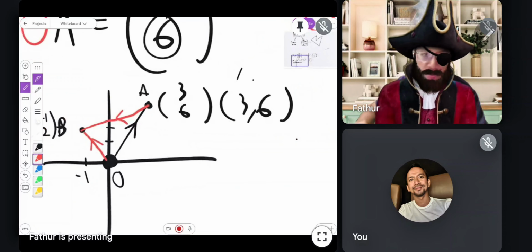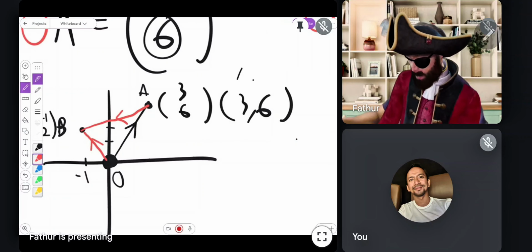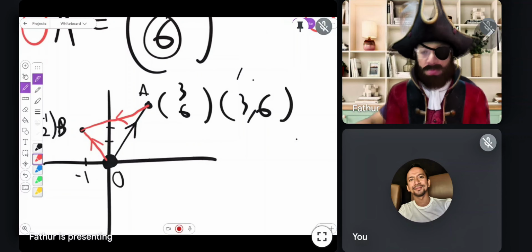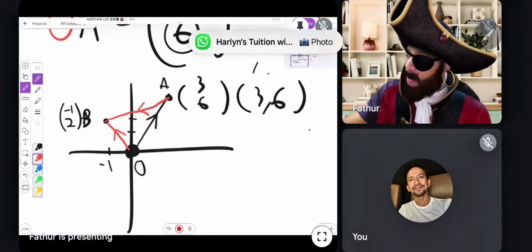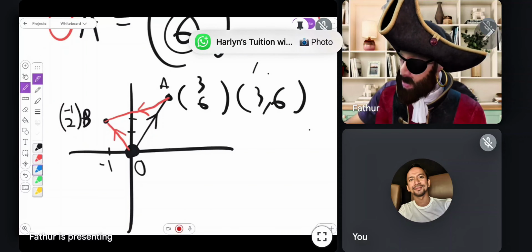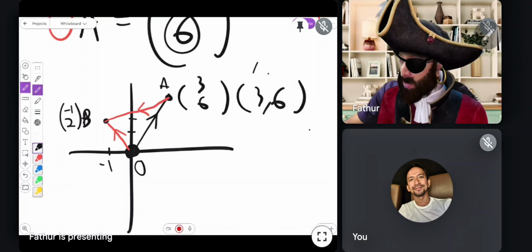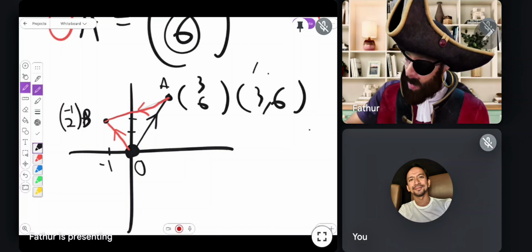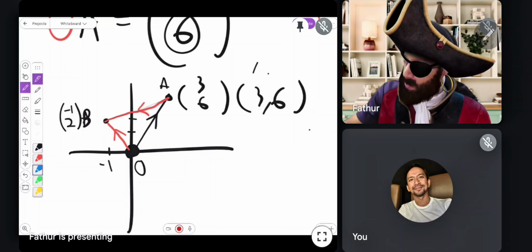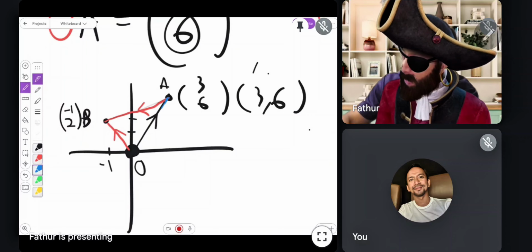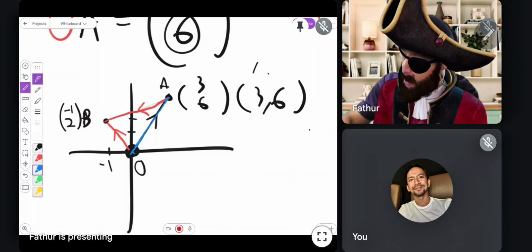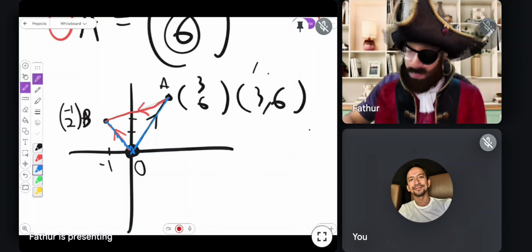To get from A to B, we are actually looking at the direction from A to O and then O to B.